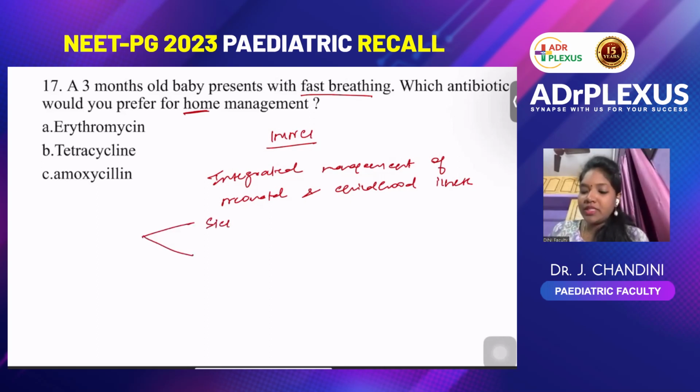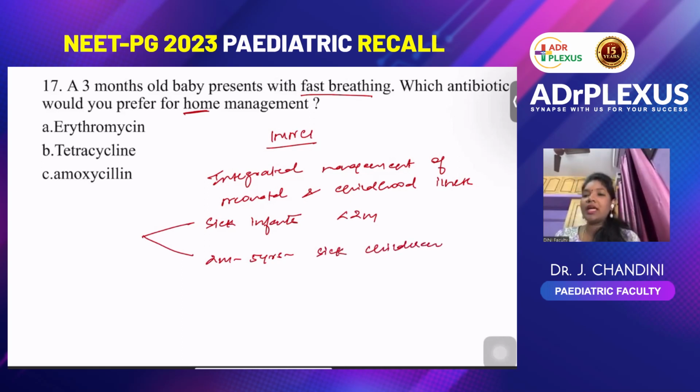The first category would be sick infants, meaning less than 2 months of age. The next category would be 2 months to 5 years of age, who are called sick children. Based on this, they give guidelines for many conditions like diarrhea, pneumonia, jaundice, malaria, and they have many guidelines and rules which have to be followed.